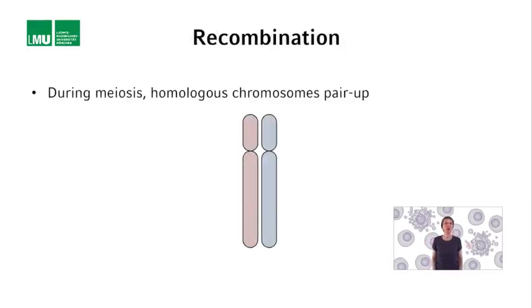What is recombination? During the formation of germ cells or gametes, and during meiosis, in particular, homologous chromosomes pair. Homologous chromosomes refers to the 2 copies that diploid organisms have of each of their chromosomes, one inherited maternally from the mother and the other paternally from the father.